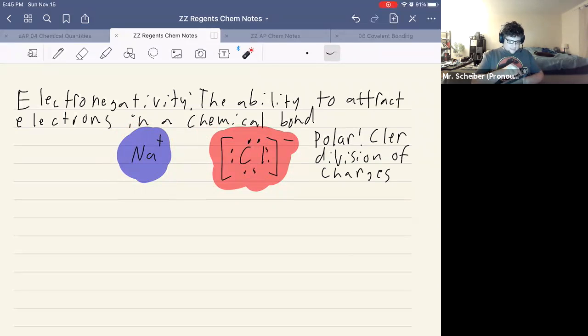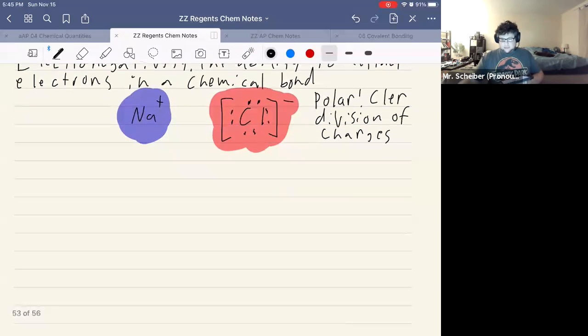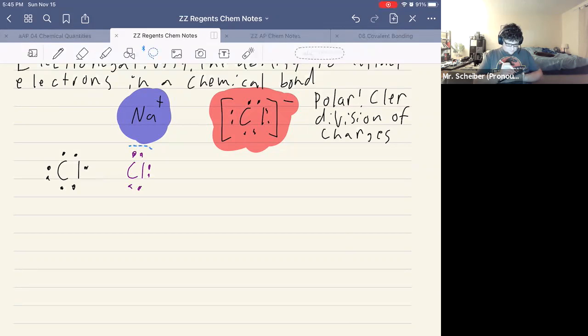Let's take a look at a covalent compound, okay? For example, let's look at chlorine. Cl, and we got our other Cl. Let's make them closer.